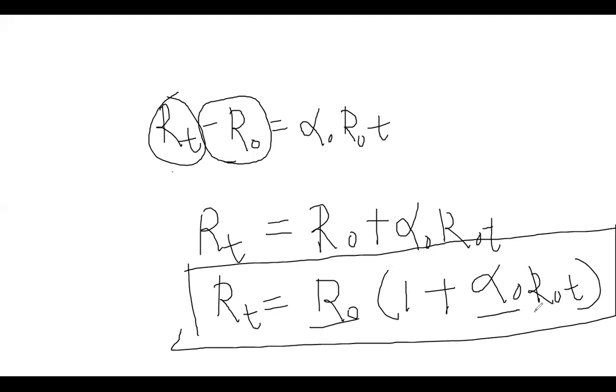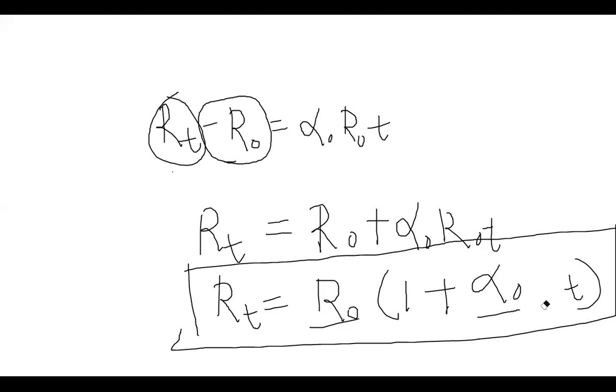Sorry, that extra R0 is not to be there. So we have 1 plus alpha 0 into T, where T is the rise in temperature, and alpha 0 is a constant we call the temperature coefficient of the resistance at 0 degree centigrade.